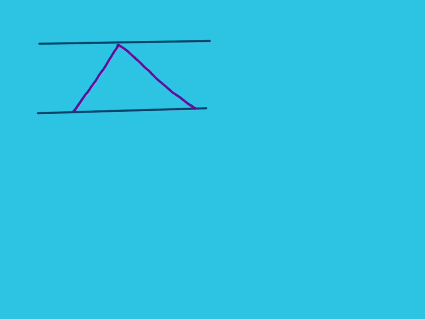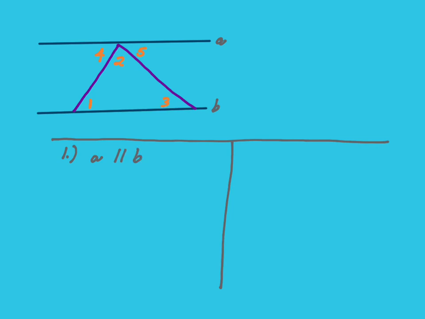And I'm going to put angle 1 down here, and let's put a 2, a 3, and here's an angle 4, and here's an angle 5. So let's say we're given A is parallel to B.